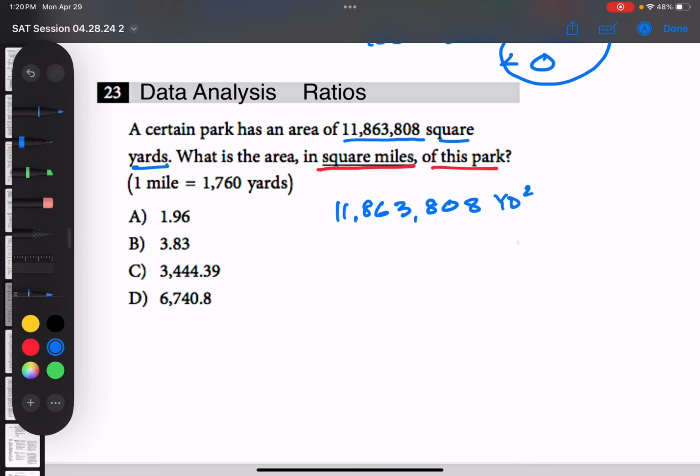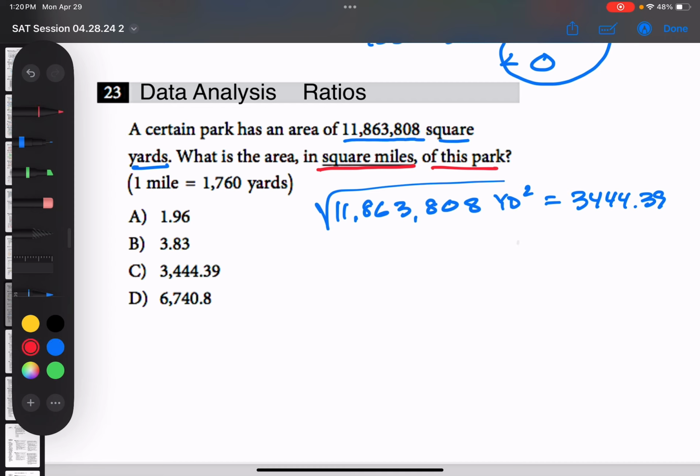I might have to shorten up the numbers, but it's still going to give me the right answer. The square root of 11,863,808 gives me 3444.3.